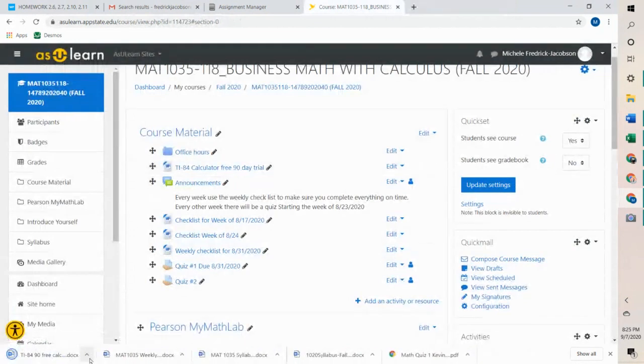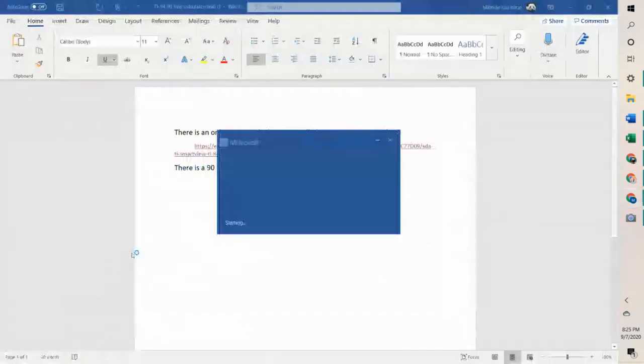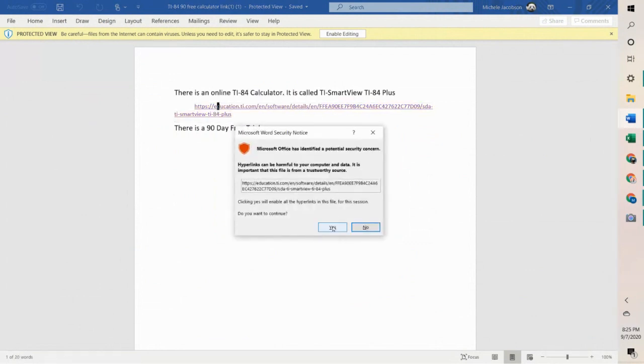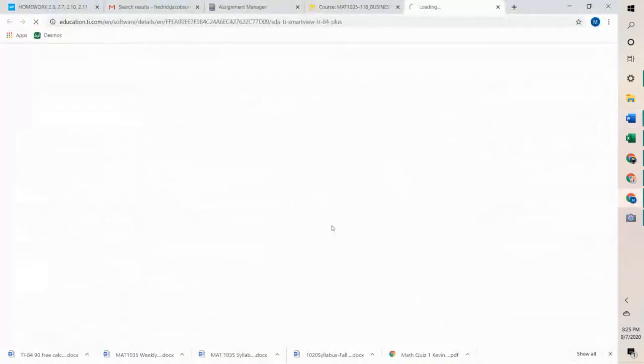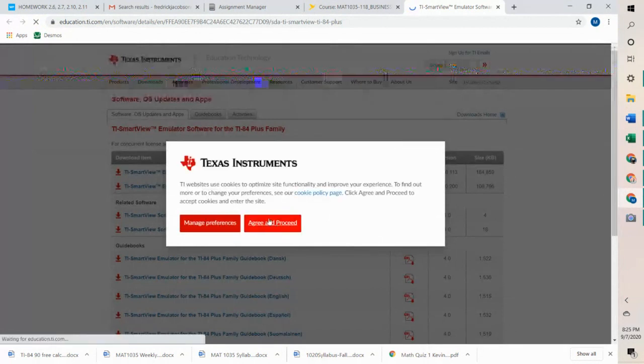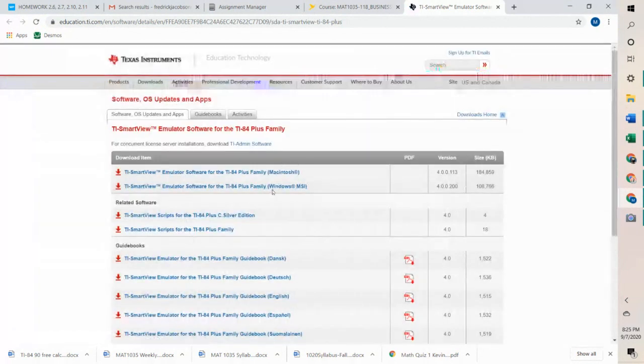When you click on it, it'll bring you to this. And then you control click. And then you want to pick whichever one of the top two you have, if you have Windows or Macintosh.